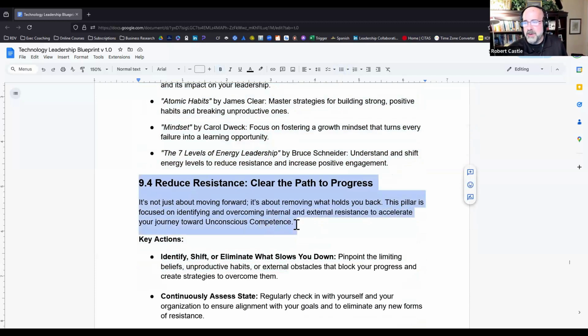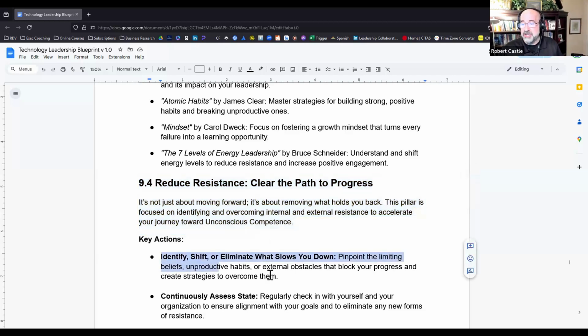Then the fourth pillar, reducing resistance. Clear the path to progress. It's not just about moving forward, it's about removing what holds you back. And this pillar is focused on identifying and overcoming internal and external resistance to accelerate your growth towards unconscious competence. So key actions are identifying, shifting, or eliminating what's slowing you down.